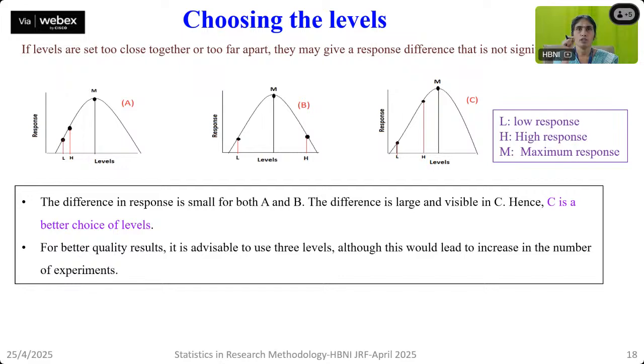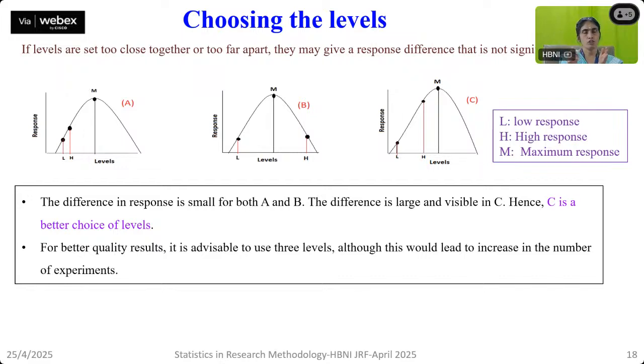Then, as I told you, we have to select the different levels of the parameter. For example, for the flame height, we had 15 millimeter and 25 millimeter. What is the basis of selecting those levels of the parameter? That is shown over here. The levels should be such that the absorbance values, or whatever response we measure, should be visible. There should be a visible change in the response function.